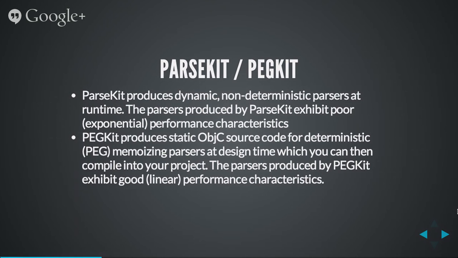And then he decided to switch to PEGKit, which produces a static parser, which has memoization, and you just compile that directly into your project. And the good thing about this is it has performance. So the bigger it gets, while it may get a little slower, it's not terribly noticeable.